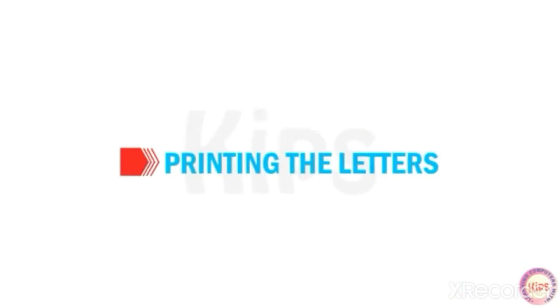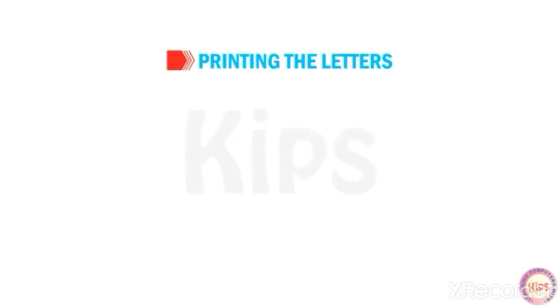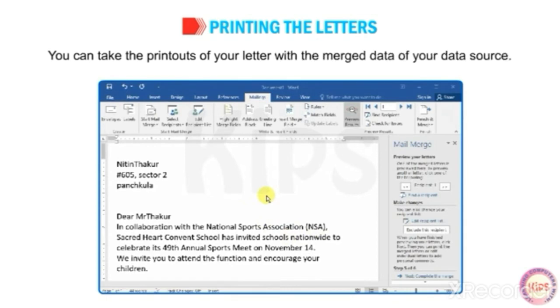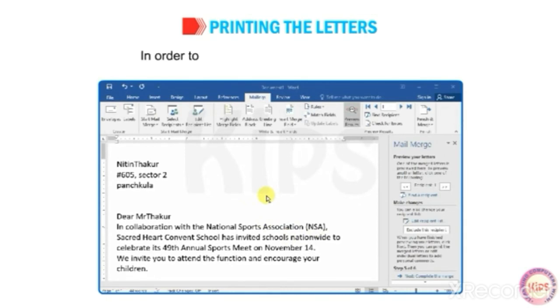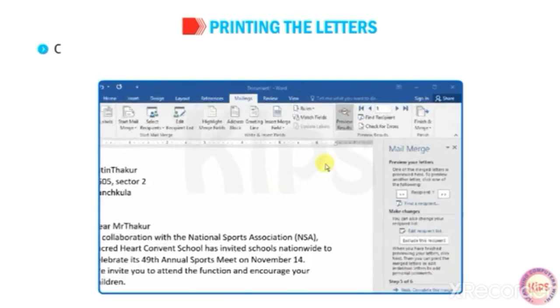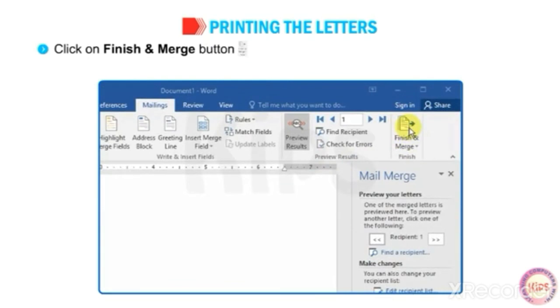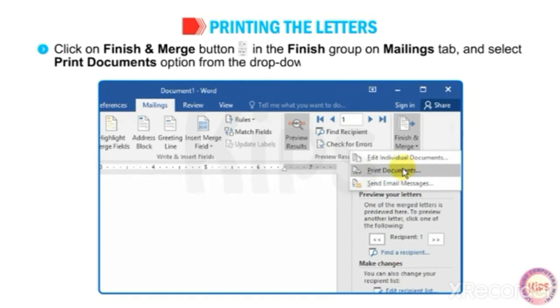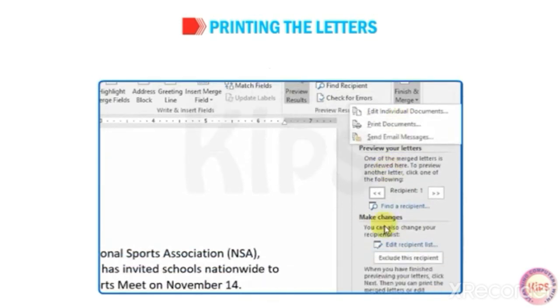Next is printing the letters. You can take the printout of your letter with the merged data of your data source. In order to print the letters, follow the given steps. Click on the Finish and Merge button in the Finish group on the Mailings tab and select the Print Documents option, as I am selecting here from the drop-down menu.